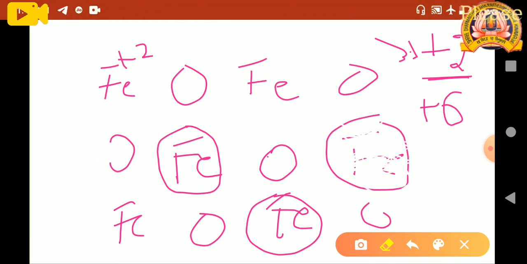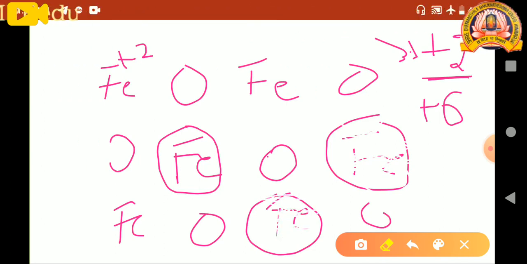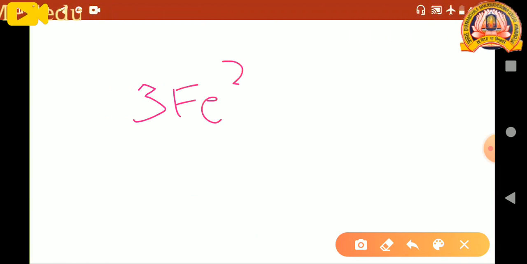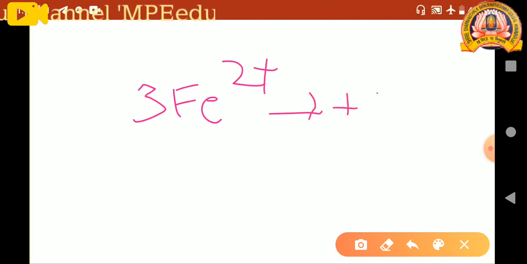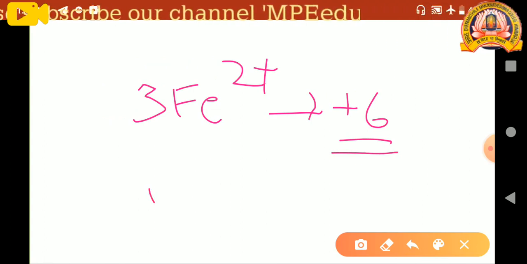Just imagine all the iron is in the plus 2 oxidation state. After the defect, what happens? One Fe2+ is evaporated, meaning plus 2 charge evaporated, another Fe evaporated, another Fe evaporated. Just imagine 3 Fe, that means plus 2 into 3, how much?